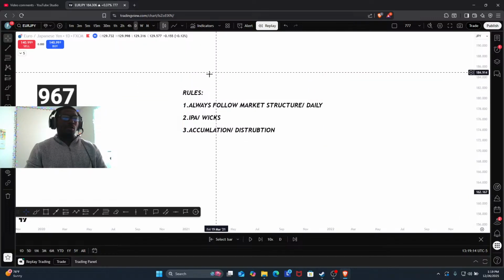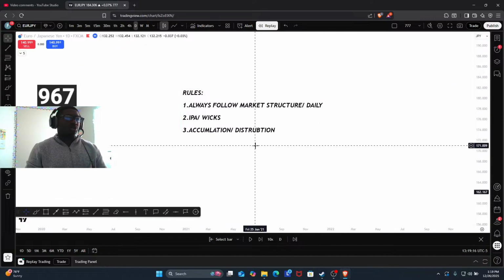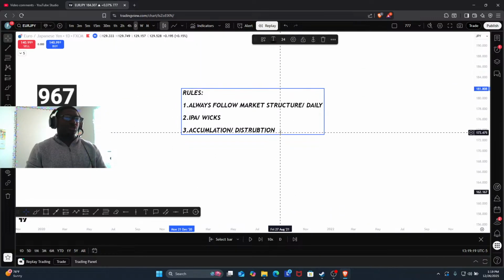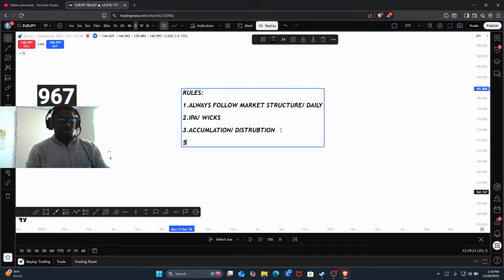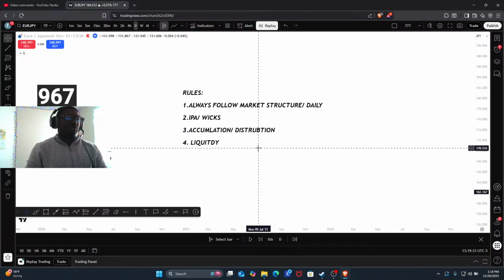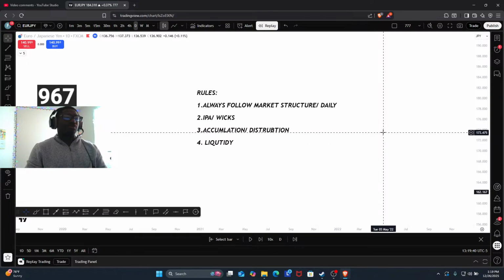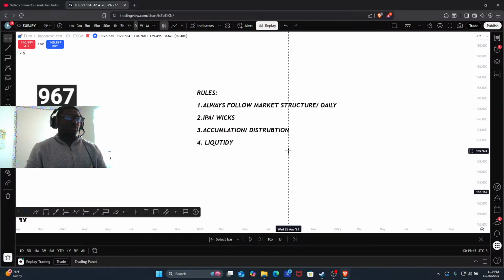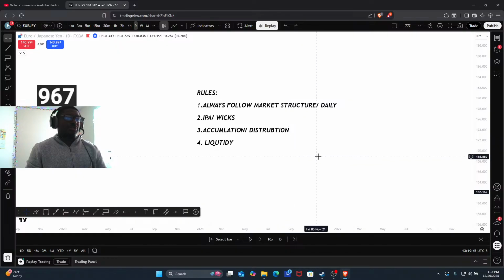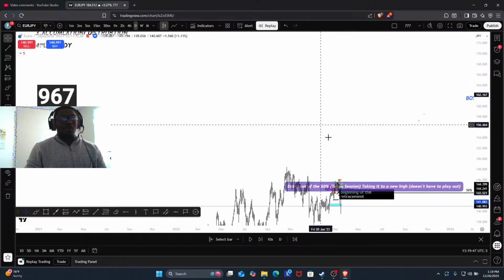All right, these are my rules: market structure, daily, wicks, and then of course number four, liquidity. These are the four rules: follow market structure, daily, IPA, wicks, accumulation, distribution, liquidity.